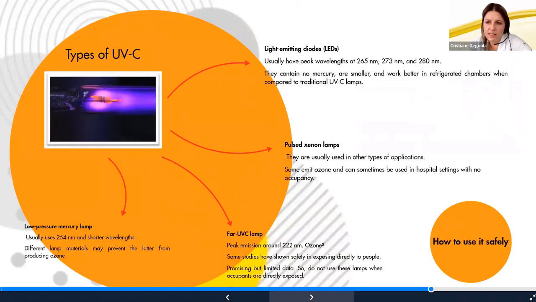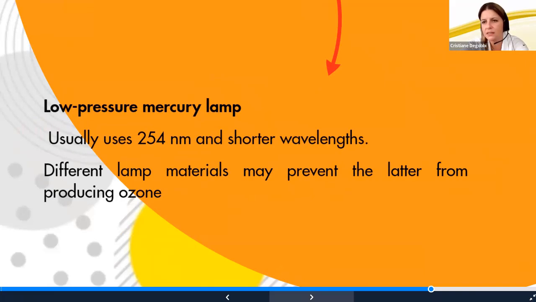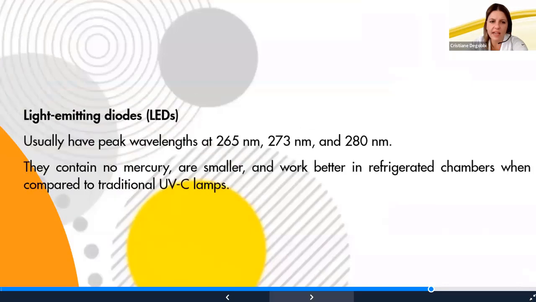So what are the lamps? Low pressure mercury lamps, these are the main ones that people use. Usually they do not produce ozone, as I said, and they are very effective. But you also have LEDs, light emitting diode lamps. I like them because they do not use mercury, so you cannot have any accidental exposure.